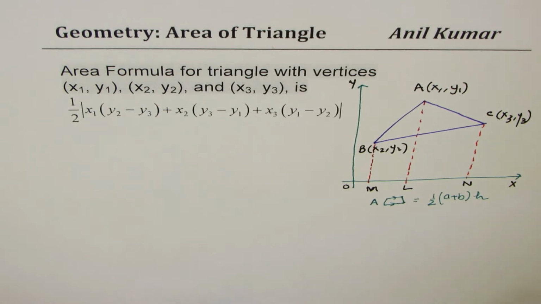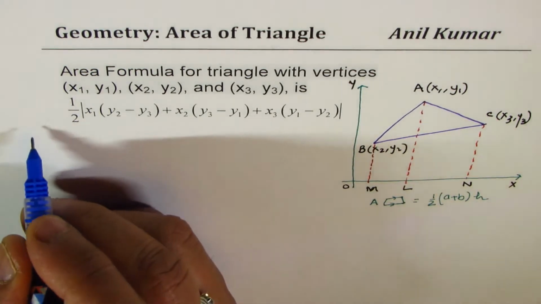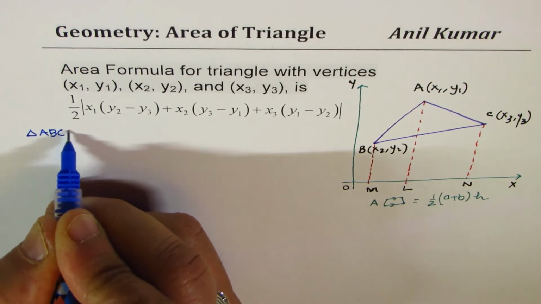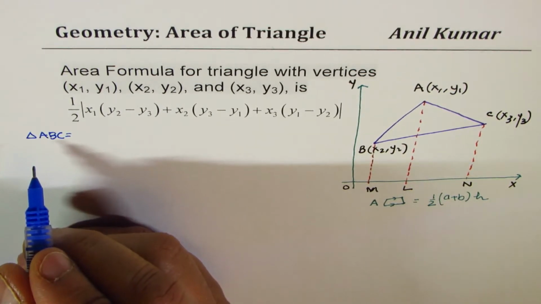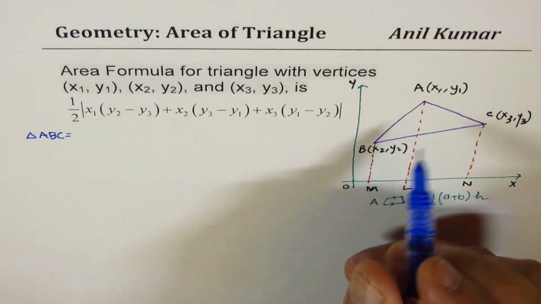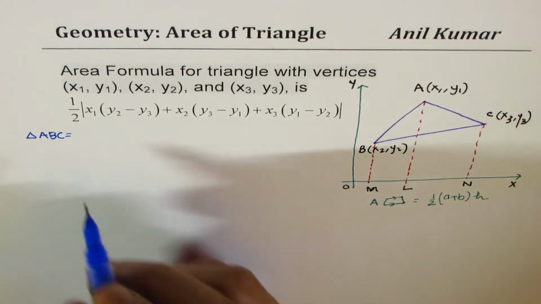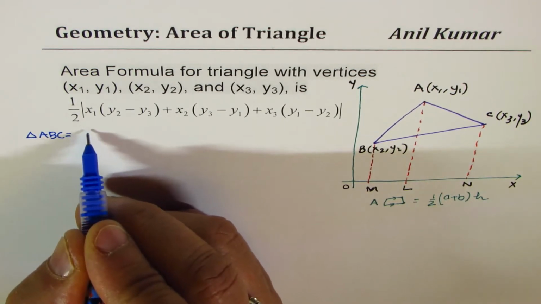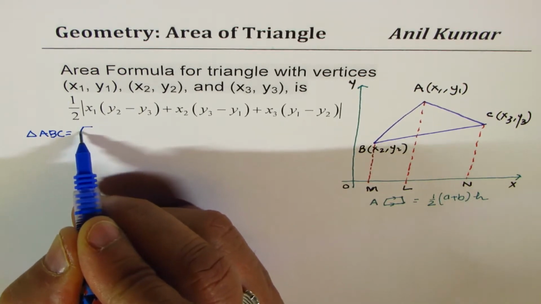So let's begin. So the area of the triangle ABC should be what? For triangle ABC, what we're looking into is the area of each trapezoid, right? Each trapezoid. So we have two parallel sides, correct?